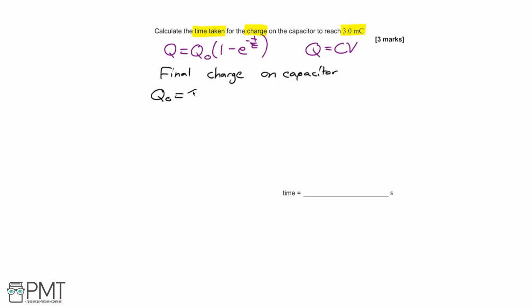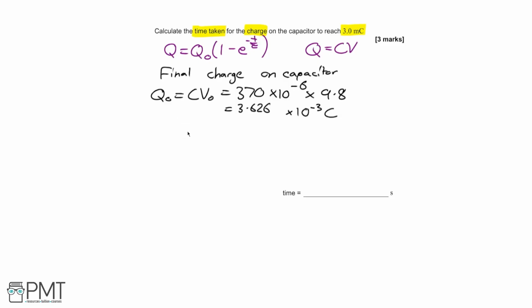So Q0 is equal to C times V0. And then we have that C is equal to 370 times 10 to the minus 6, because it's 370 microfarads. And then V0 is 9.8 volts. So doing that, we calculate that Q0 is 3.626 times 10 to the minus 3 coulombs.